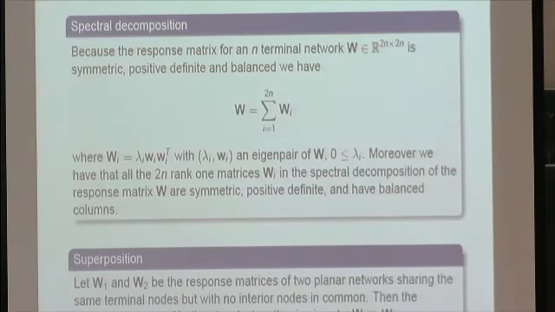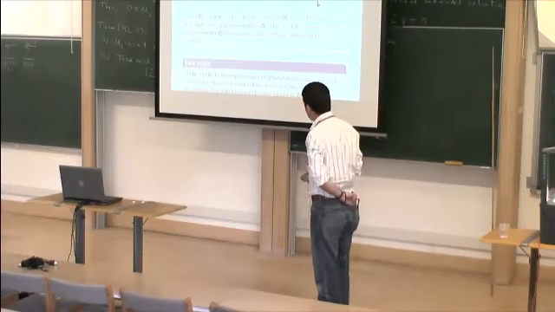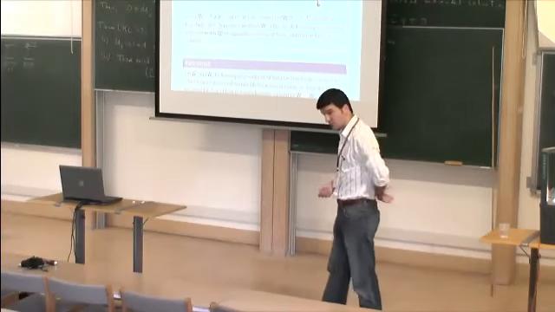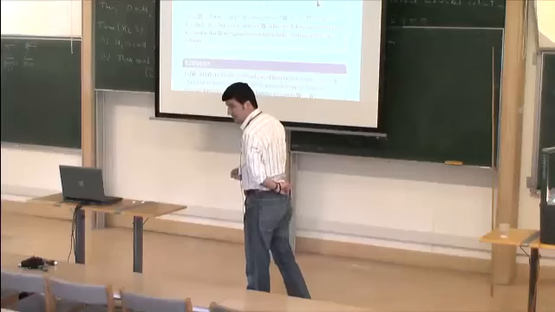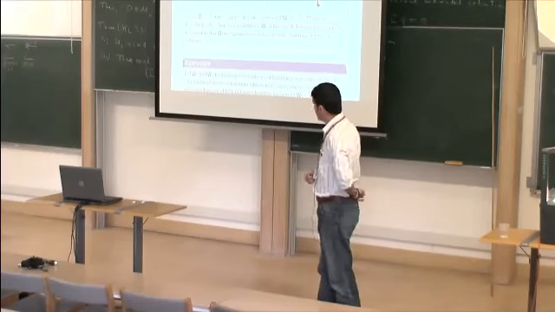Okay, so the way you show this is by spectral decomposition first. You observe that with the spectral decomposition, you can write your matrix as a sum of rank 1 matrices. So the only thing you should be able to do is to focus on rank 1 matrices and show that any rank 1 matrix which is positive definite, symmetric, and balanced can be attained.